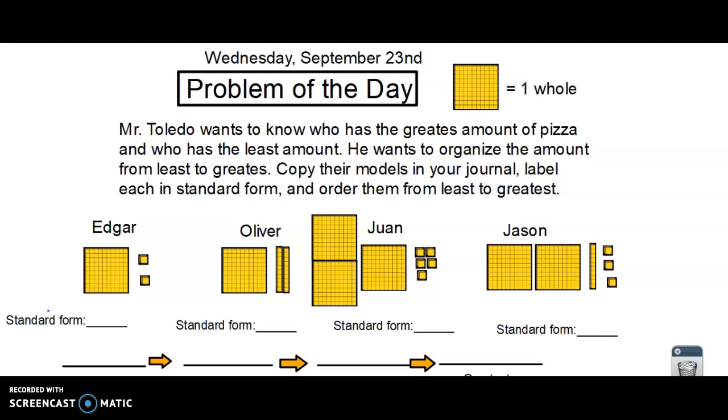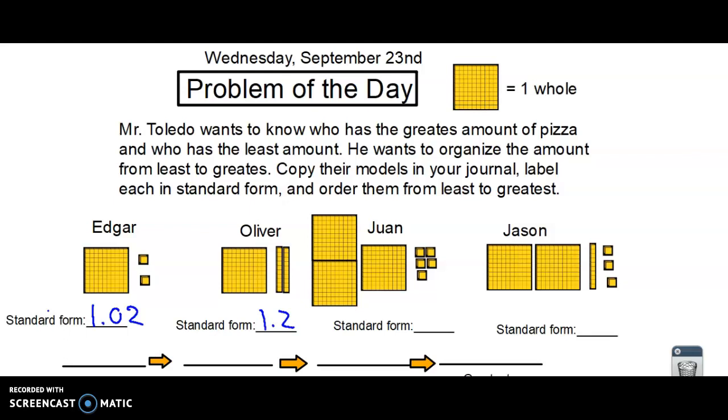So how would we write that? 1 and 2 hundredths. We move on to Oliver, who has one whole and 2 tenths. How would we write that? 1 whole and 2 tenths.